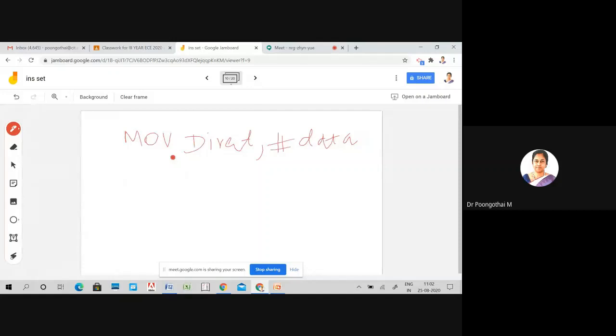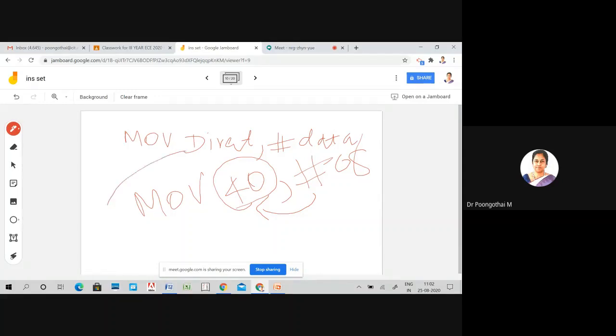So next one, MOV direct, #data. MOV 40, #08. So transfer the immediate data; just copy the data into internal RAM memory. Addressing mode, direct addressing mode.